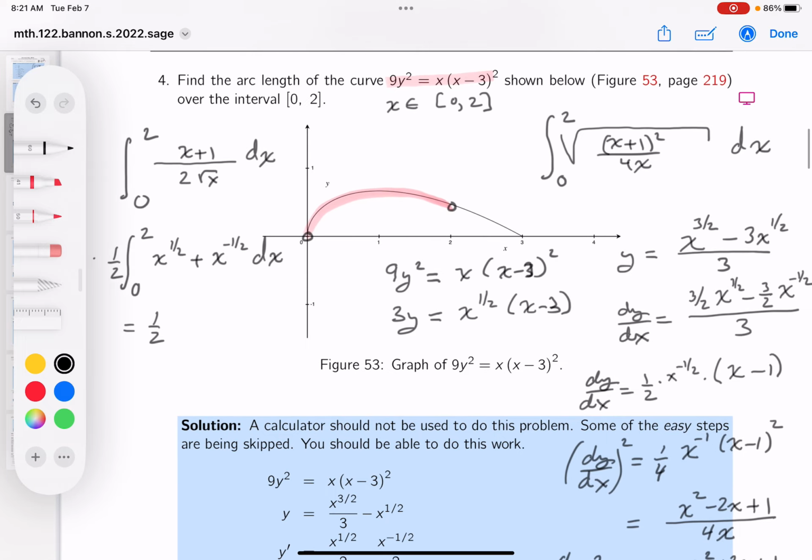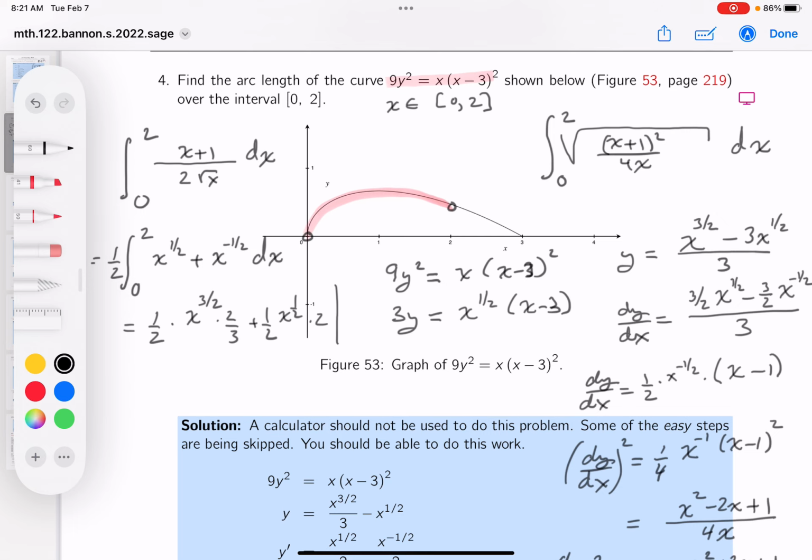And by the way, I'm doing the integration. Let's see, 1/2. The antiderivative of x to the 1/2 is going to be x to the 3/2. I divide by 3/2 or multiply by 2/3. Okay, plus 1/2. I add 1 to minus 1/2, which gives me 1/2, and I divide by 1/2 or multiply by 2.